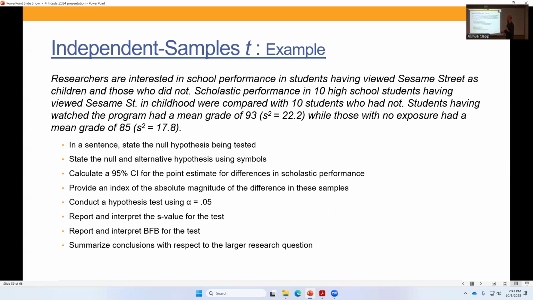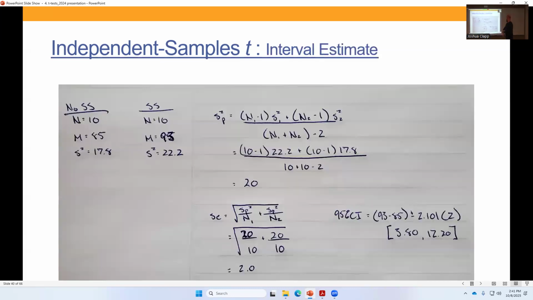So, working through this, interval estimate, math is pretty straightforward here. Here's our first group, no Sesame Street, mean and variance, Sesame Street, mean and variance. What we need to do first, even though we technically don't need to because we've got equal sample sizes, just to walk you through, is calculate the pooled variance.